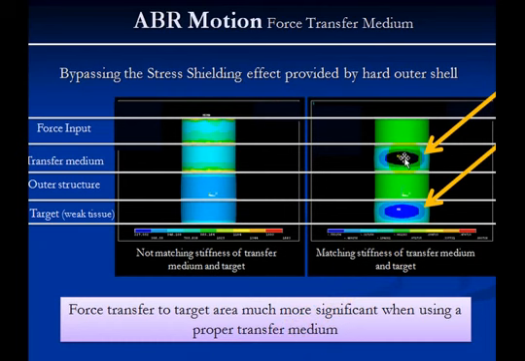So in that respect, the absolutely amazing effect happens. If this is the weaker structure and this is a dense shell, surprisingly, amazingly, the moment we find the force transfer medium that is matching in stiffness or being actually much softer than the outer shell and being close in its properties, compressional properties, to the deeper target layer, what happens?